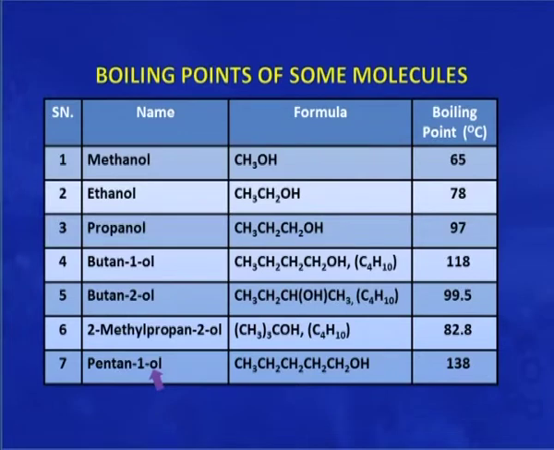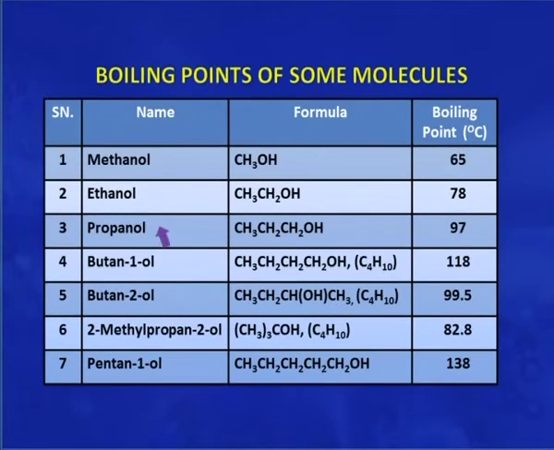These four alcohols are normal chain alcohols. The only difference is that the number of carbons is increasing. When the carbons are increasing, there is a periodic increase in the boiling points. Now look at the example of butan-1-ol, butan-2-ol and 2-methylpropan-2-ol.